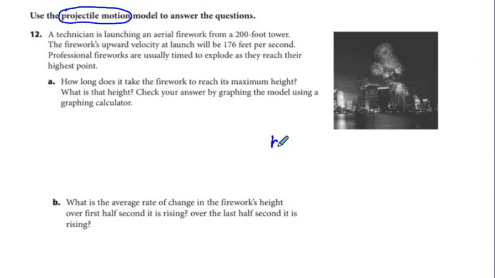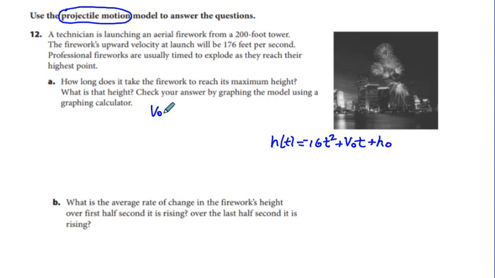We have h of t is equal to negative 16 t squared plus v sub 0 t plus h sub 0.